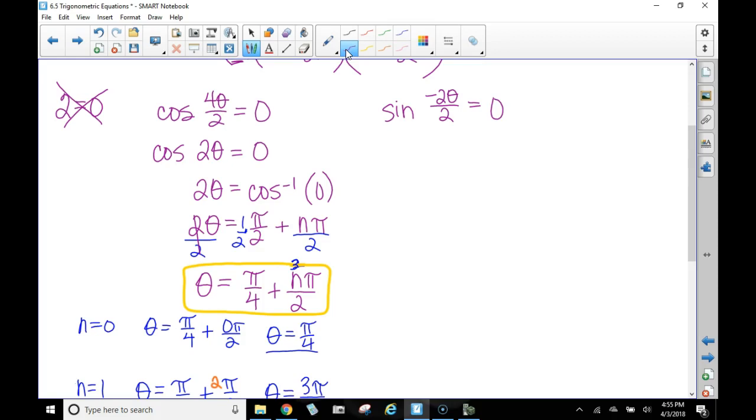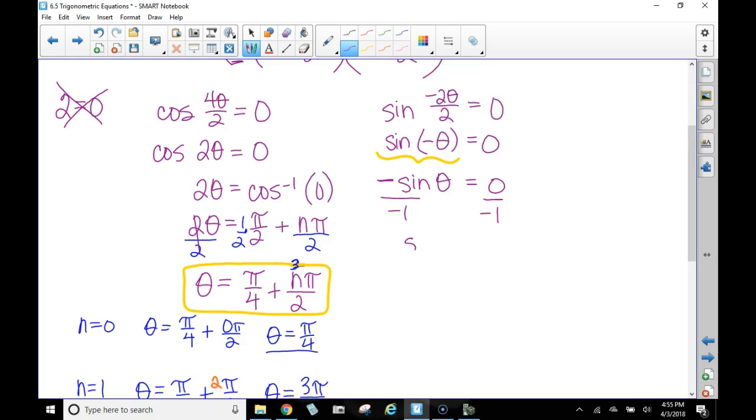If we reduce the 2's, this is equivalent to the sine of a negative theta. Now, apply your negative angle identity. The sine of a negative theta is negative sine theta. Then, if you want to isolate the sine, divide both sides by this negative 1.